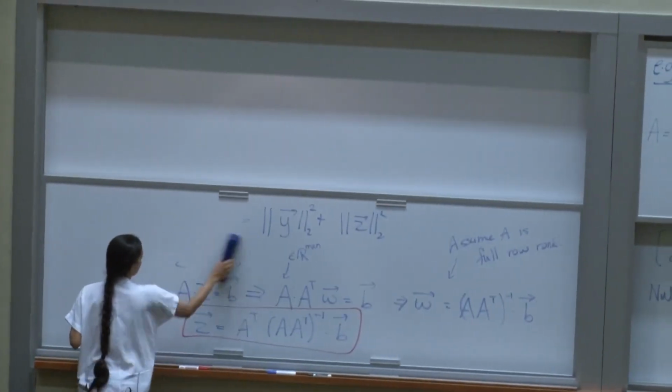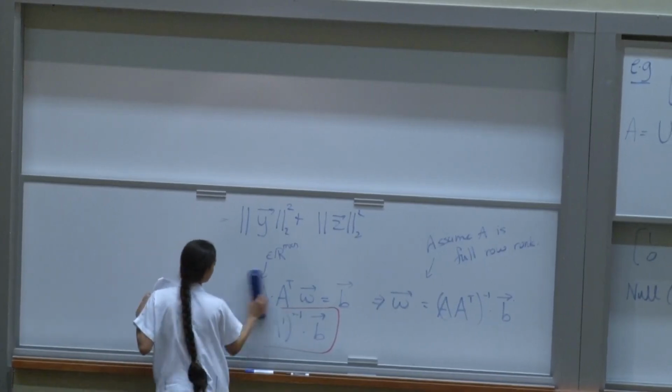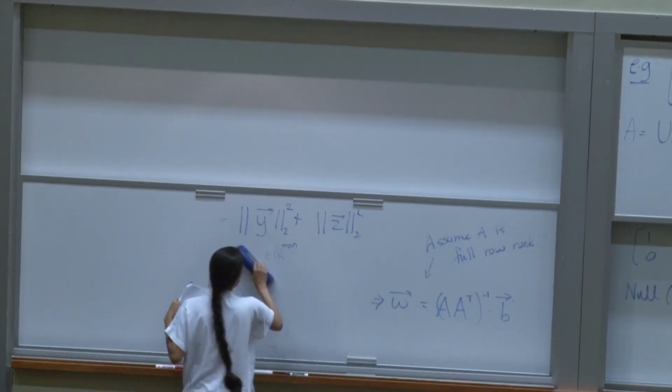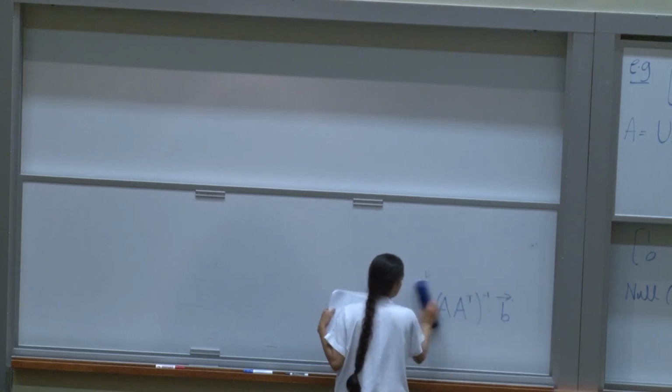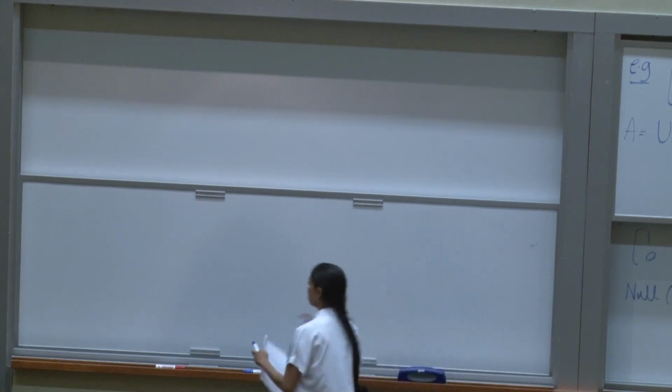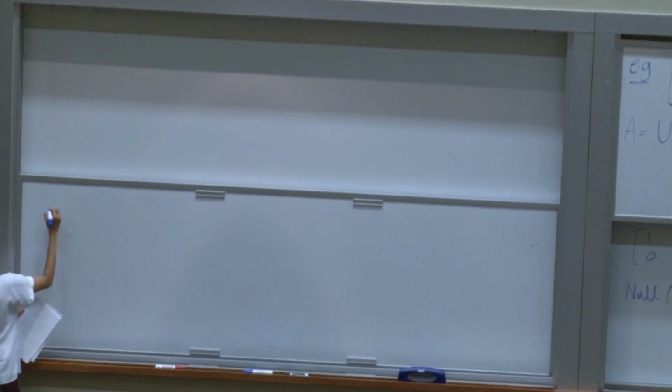for symmetric matrices, we can write out the spectral theorem. So let A belong to Sn.